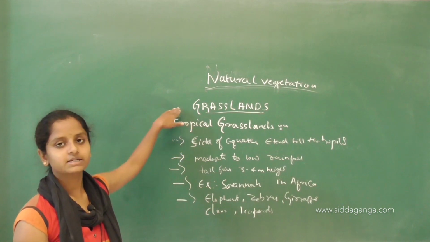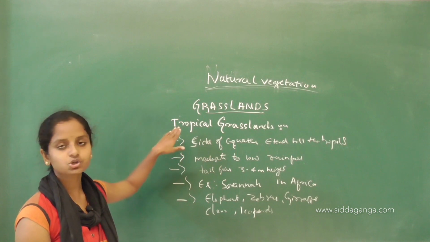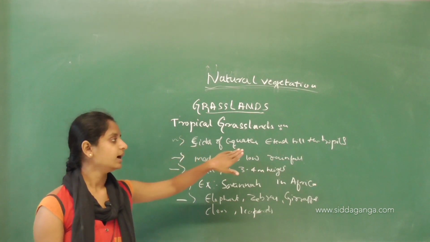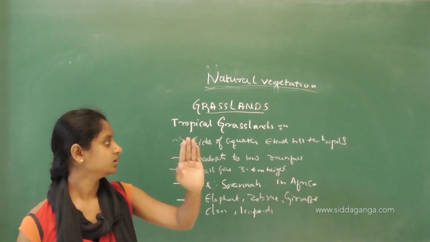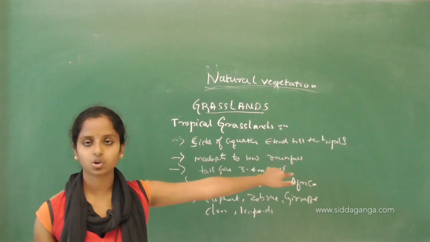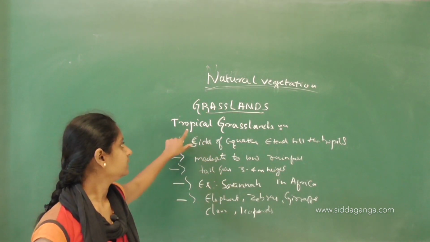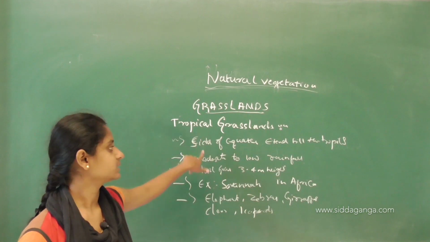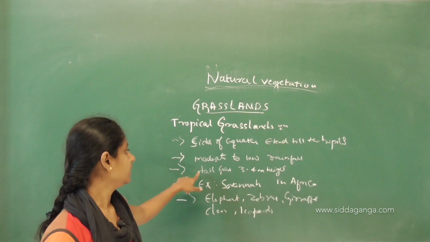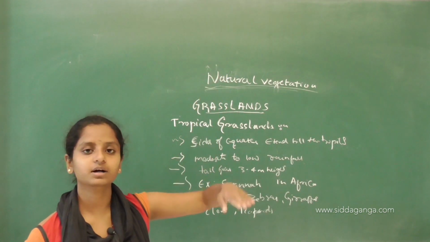So, in the grasslands, we are going to see the tropical grasslands. This tropical grassland is nearer to the equator and extends to the tropics. Here moderate to low rainfall will be present, and grasses may go up to 3 to 4 meters in height.